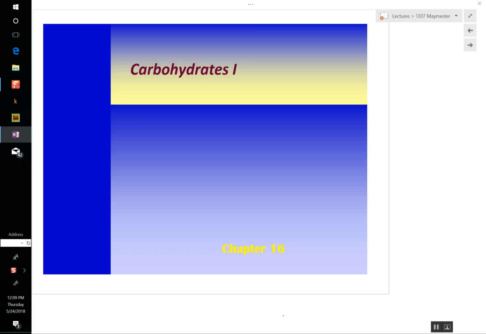What is the individual unit that makes up a carbohydrate? The individual unit are sugars or saccharides, monosaccharides. So carbohydrates are going to break up into monosaccharides, disaccharides, and then polysaccharides or carbs, the more complex carbs.